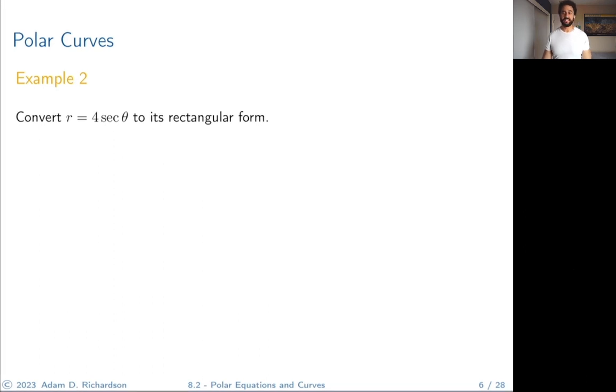All right, now let's do it together. If I want to get back to x's and y's, I'm still going to have to use the isomorphism equations: x equals r cosine theta, y equals r sine theta, and I've got secant theta here. Secant theta is 1 over cosine, so r equals 4 over cosine theta.